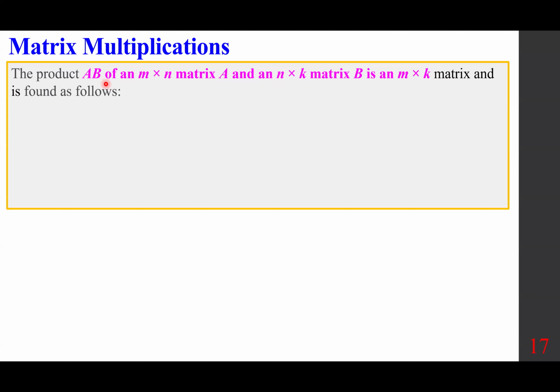So the product of AB of an M by N matrix A and N by K matrix B is an M by K. So the number of rows come from the first one, the number of columns comes from the last one, M by K matrix, and is found as follows. So this is extremely important for this to work.